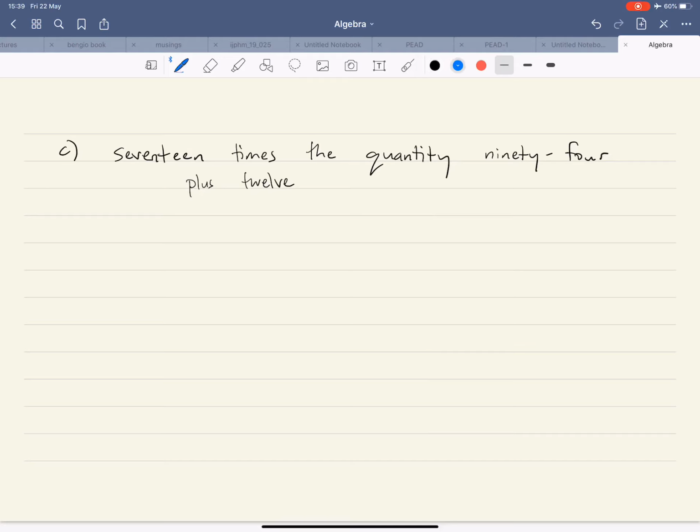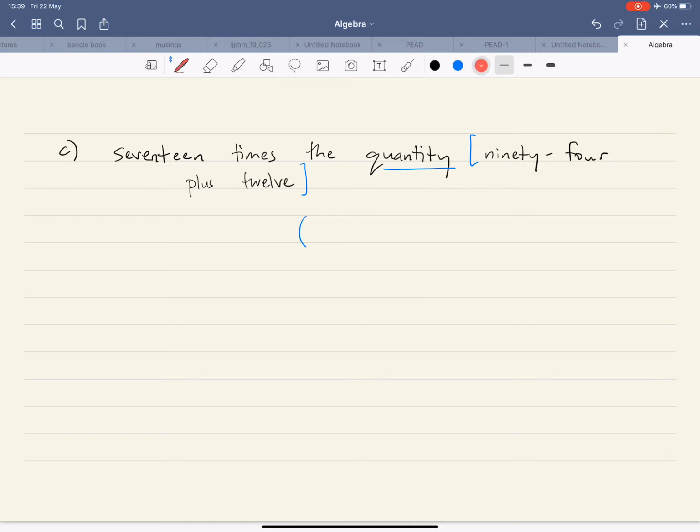So when we talk about quantity of something, that means that those things get grouped together, right? So the quantity 94 plus 12 is going to be something that will group with a grouping symbol, right?